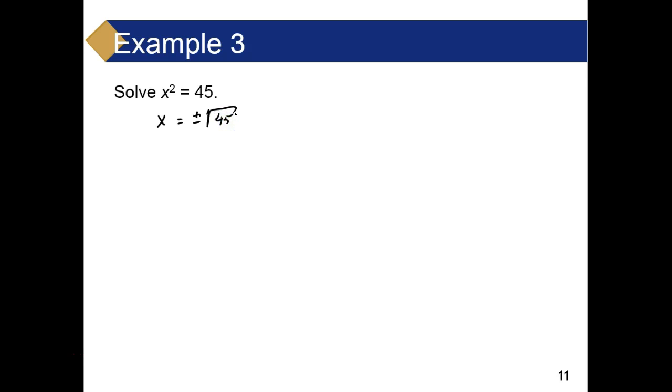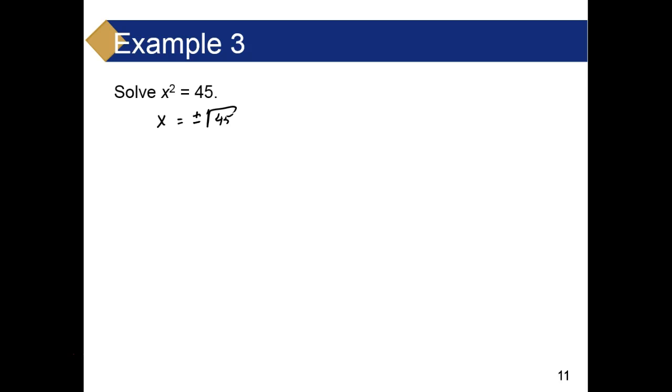Whenever you're taking the square root of both sides of an equation, the variable we usually don't put the plus or minus, the number we do. Because remember, if we're doing x squared equal 4, the answers are plus or minus 2, the way we used to do it. So we have to do plus or minus the square root of 45.